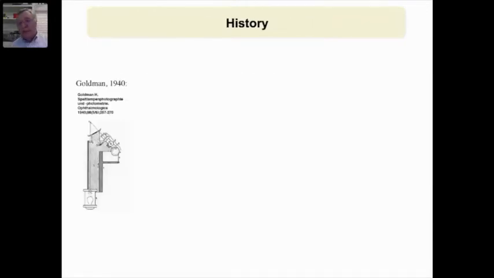I know some people have asked about the history of confocal, and I haven't done an exhaustive search, but the first reference I could find was to a paper in 1940 in German in an ophthalmology magazine.